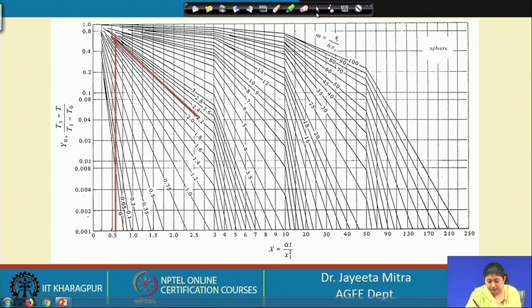So, this is how we can use the Heisler chart for calculation of temperature with respect to different center points for different time in case of the unsteady state.